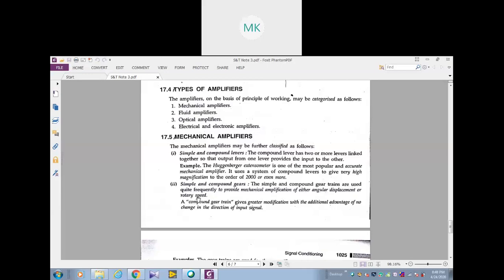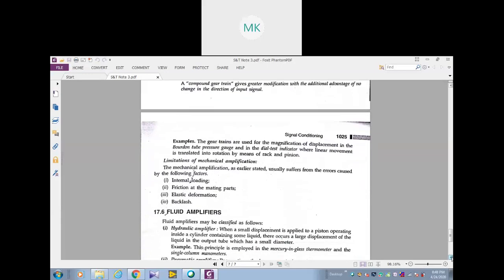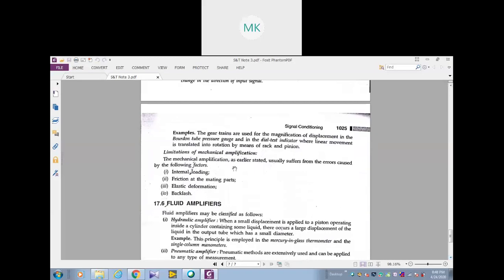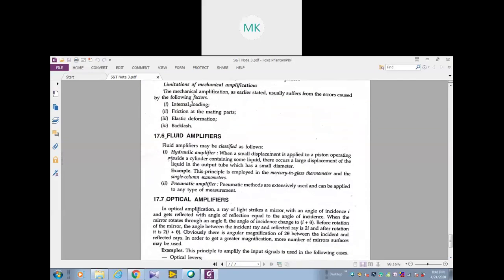To increase the speed we are using these gearing systems. Examples are given. Now limitations of mechanical amplification: internal loading, friction at the mating parts, elastic deformation and backlash. These are the disadvantages.